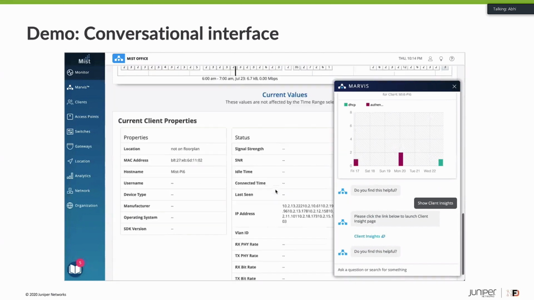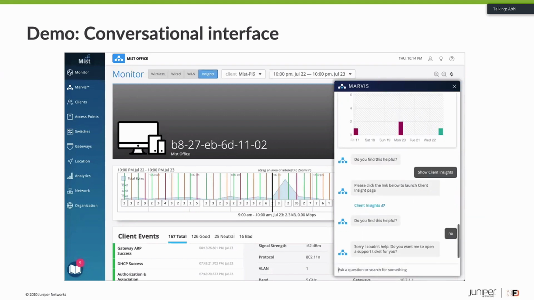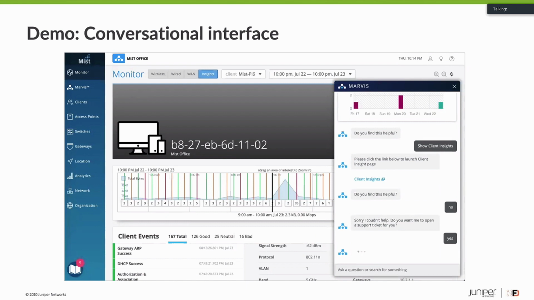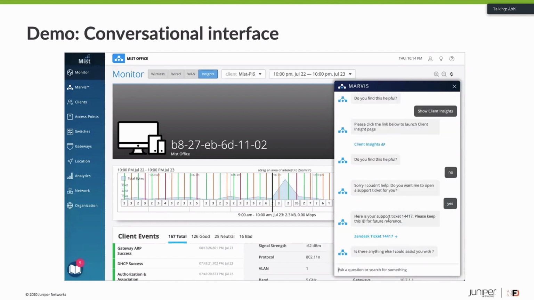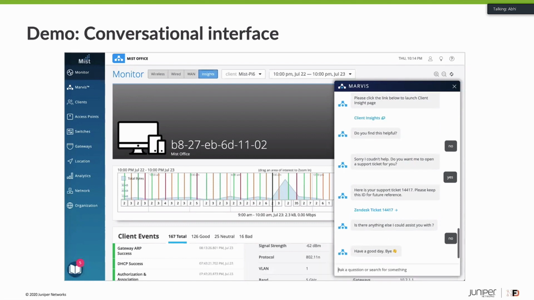If you don't find any of this helpful, if you think you still need help, all you would say is, no, this is not useful. We'll ask if you'd like us to open a ticket on your behalf. Yes, you can, and a ticket will be opened for you with all the details that you just spoke about right here. So we don't come back and ask you, hey, what version are you running on your access point versus on your controller or on your switch?